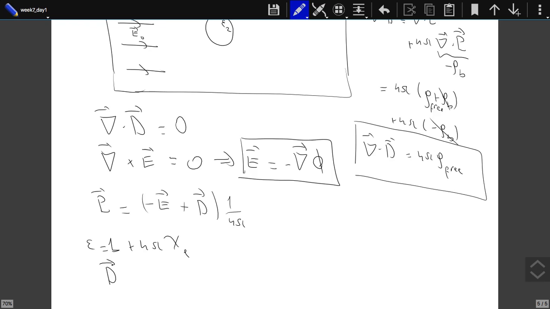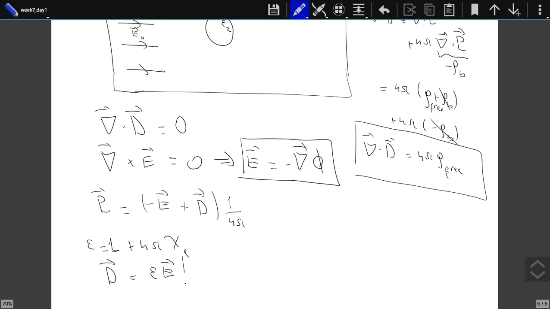I remember what we did was basically the displacement field was a function of the electric field in general, and we just assumed a Taylor expansion. A Taylor expansion will contain the linear terms in the electric field, the quadratic, the cubic, the fourth order, and so on. But if the electric field is not large, the linear term would be enough.